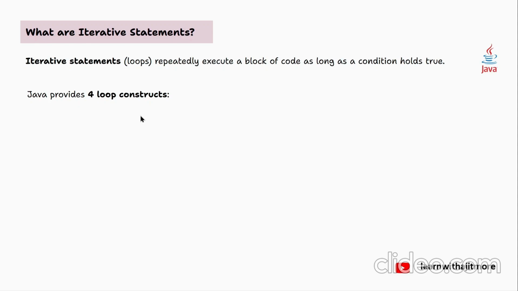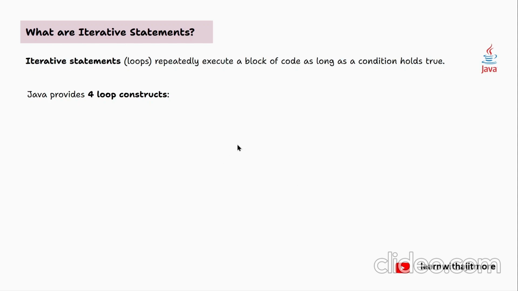Correct? Now, generally they are classified as entry controlled or exit controlled, meaning whether the condition is tested in the beginning, or in the end, or somewhere in the middle. Then they are also classified as enumeration controlled or logically controlled.